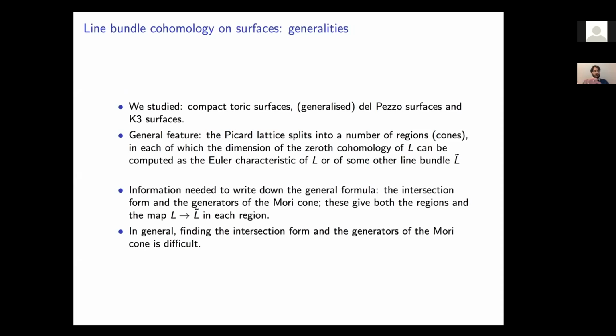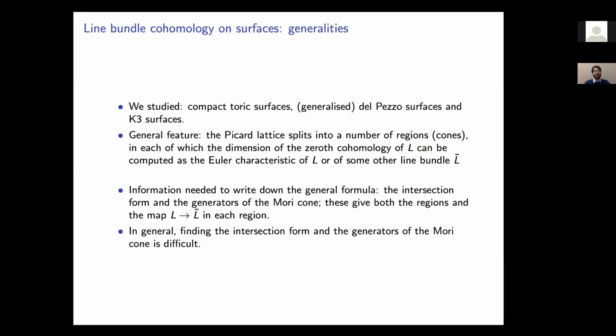What we proved is that all the information that you need in order to obtain these formulae is the intersection form and the generators of the Mori cone. Or alternatively, if you know the Mori cone and the Nef cone, then you know everything. And in general, this kind of information may be difficult to obtain on arbitrary surfaces.